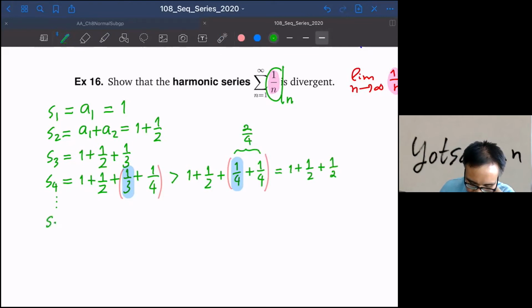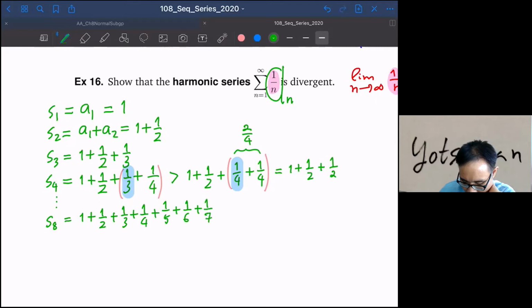So if you see this pattern, you have S8, so it's going to be 1 plus 1/2 plus 1/3 plus 1/4, 1/5, 1/6, 1/7, 1/8. And you see that this is just the pink one and this is the blue one. So you can combine the terms like this. It's going to be more than, okay?